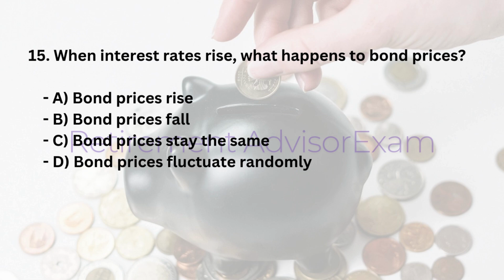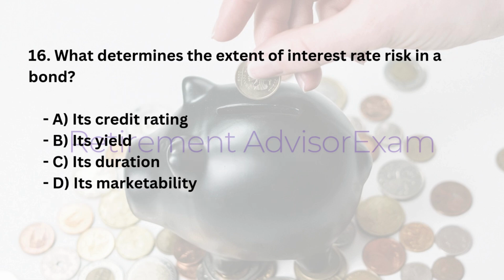A. Bond prices rise. B. Bond prices fall. C. Bond prices stay the same. D. Bond prices fluctuate randomly. Answer: B. Bond prices fall. 16. What determines the extent of interest rate risk in a bond? A. Its credit rating, B. Its yield, C. Its duration, D. Its marketability. Answer: C. Its duration.